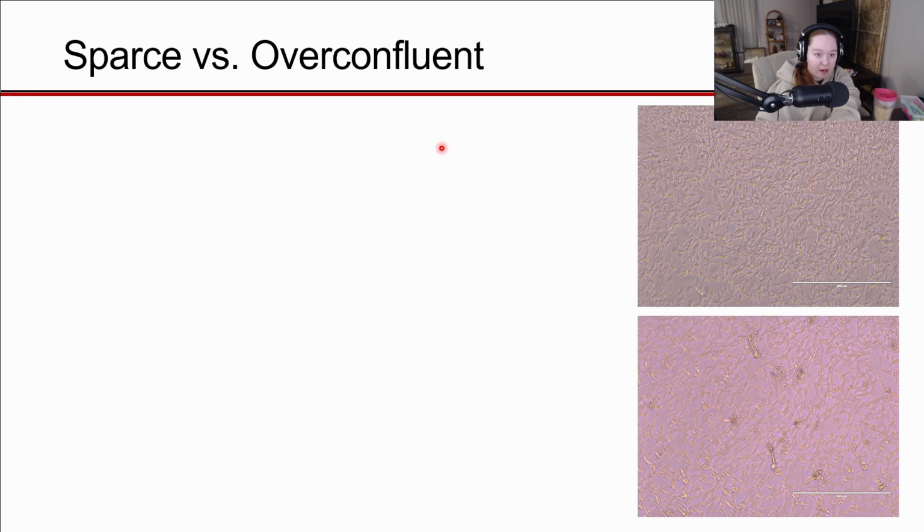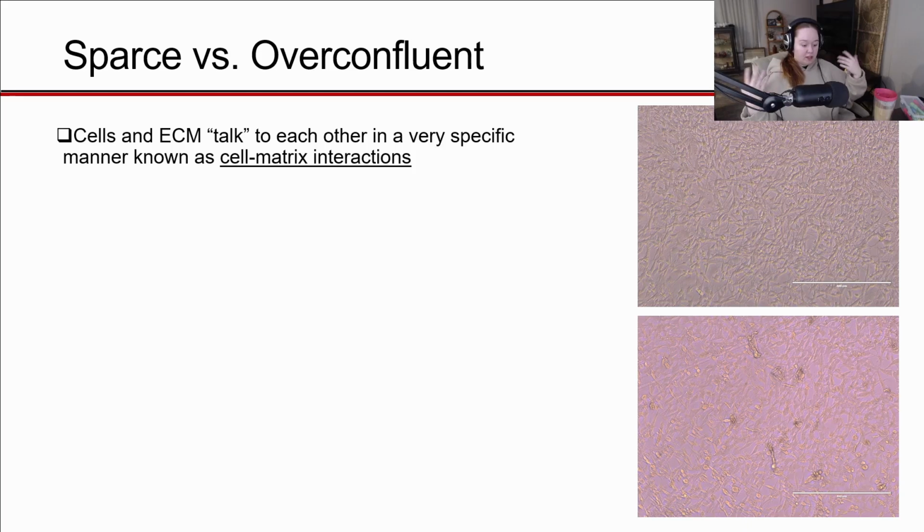When speaking about confluency, there are these terms, sparse and overconfluent. In a more generalized approach to cell biology, the cells in the ECM, or the extracellular matrix, talk to each other in a very specific manner. This is known as cell matrix interactions.